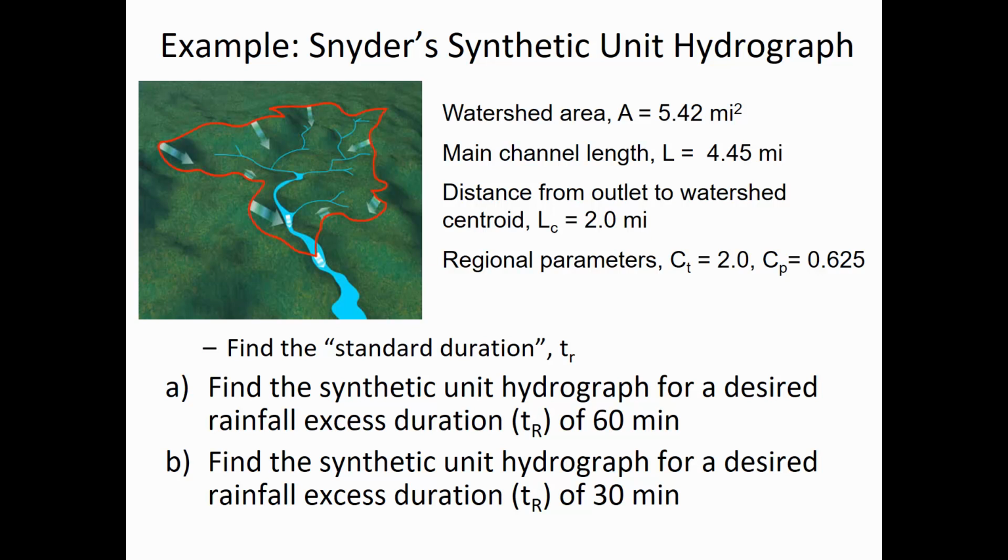So you can see that these different L sub C's are going to result in different delay times, and it's going to have corresponding effects on the height of the peak.